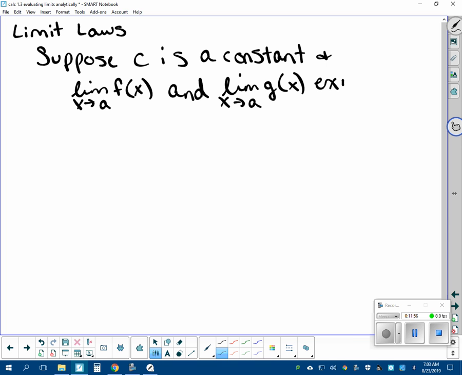Suppose those limits exist. Then we get the following laws.